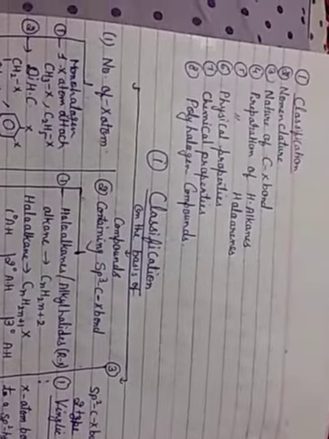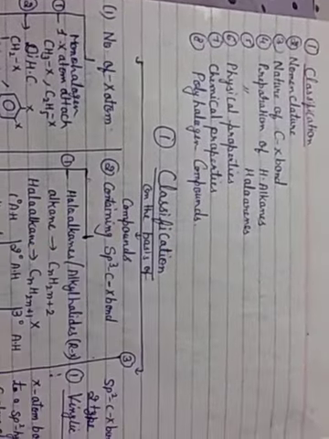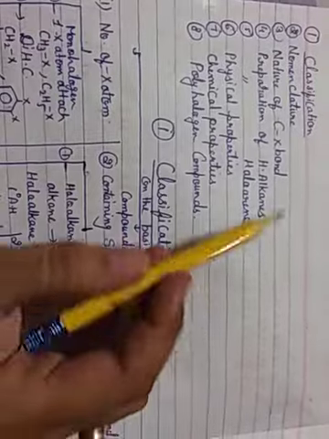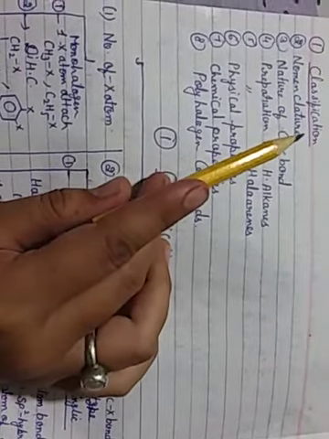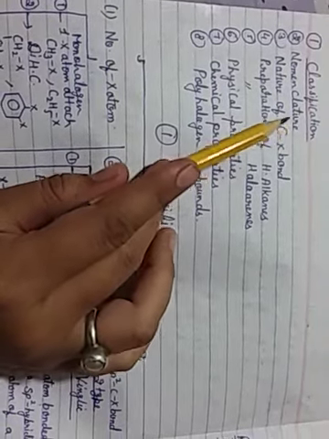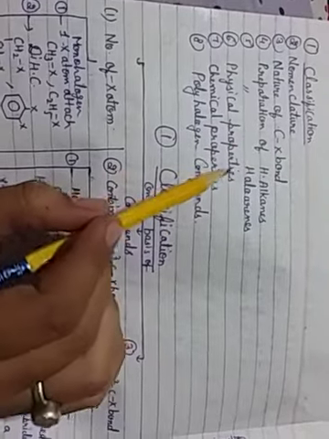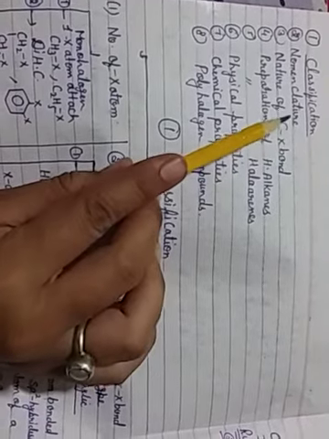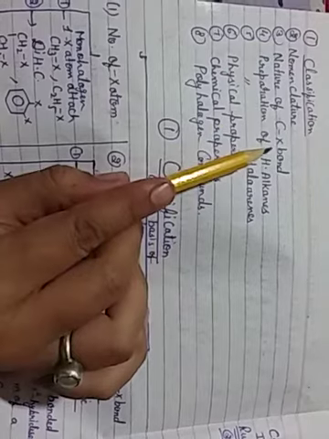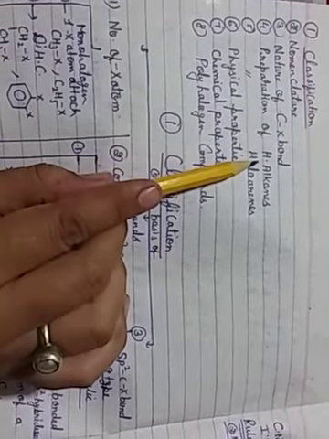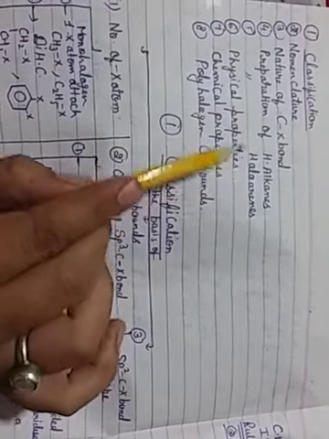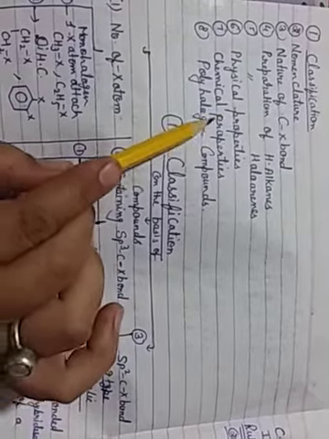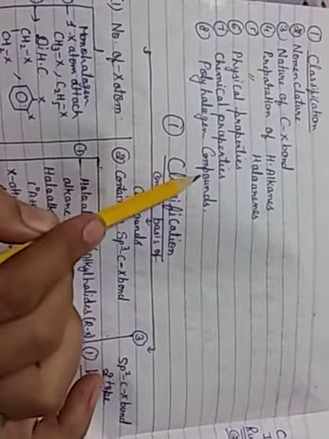Next, classification. The topics in this chapter are: classification, nomenclature, nature of the C-X bond, preparation of haloalkanes, preparation of haloarenes, physical properties, chemical properties, and polyhalogen compounds.